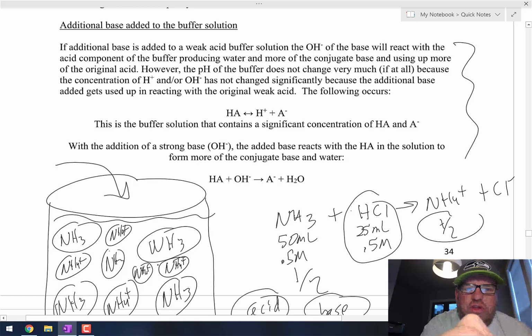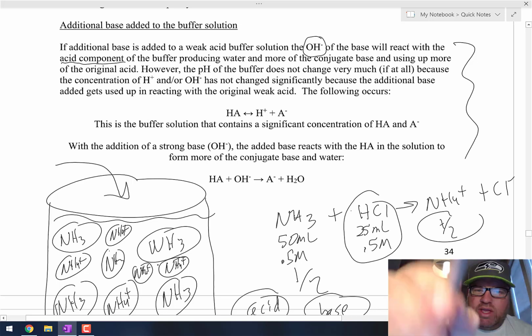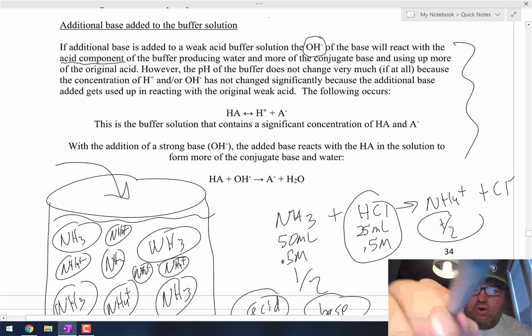Okay, so if additional base is added to a weak acid buffer solution, the hydroxide ion of that strong base that you've added will react with the acid component of the buffer, producing more of the conjugate base. So again, let's switch back to an acid one.